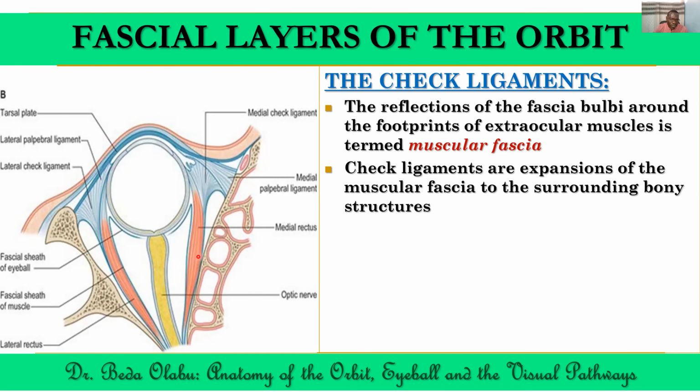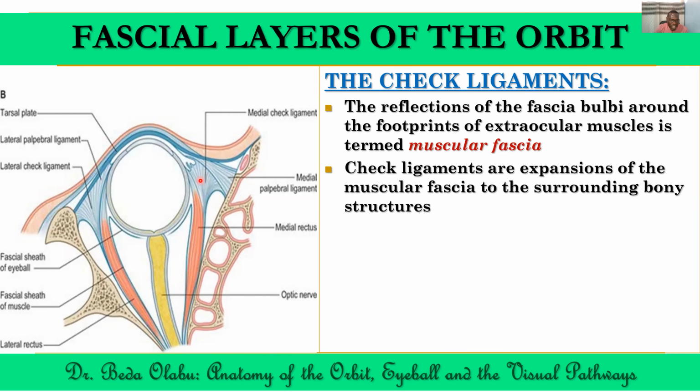So see here, this is the medial rectus muscle piercing the Tenon's capsule at this point to enter the eye, to attach to the sclera. This is the muscular sheath around the medial rectus as an extension of the Tenon's capsule or the bulbar fascia. So the whole of that is a muscular sheath.